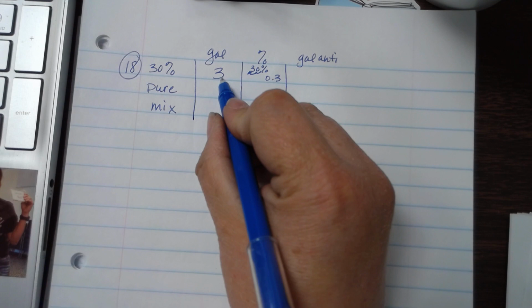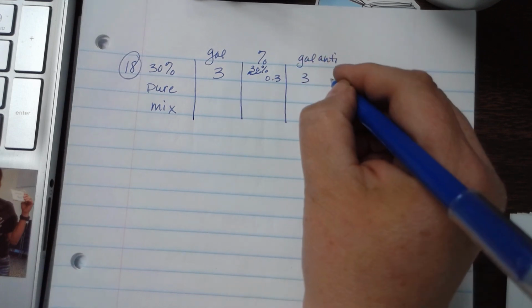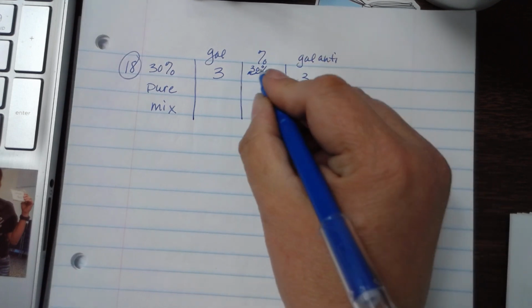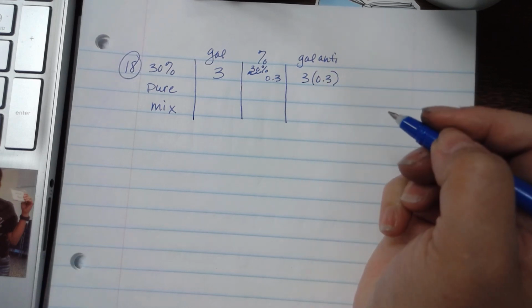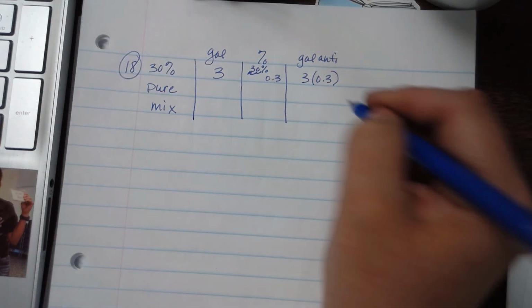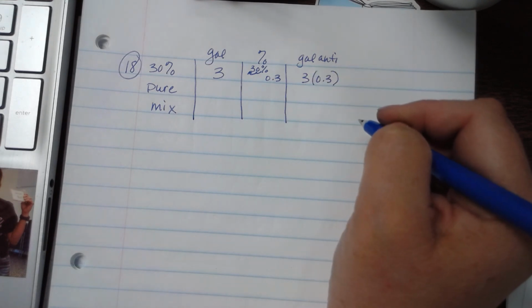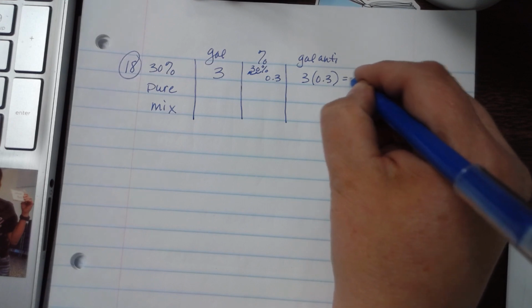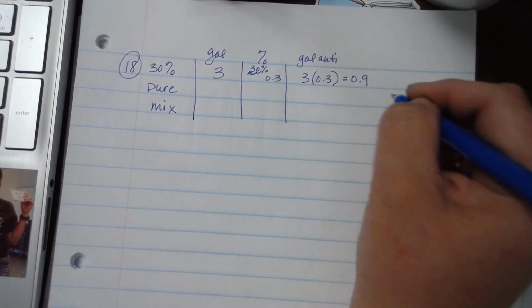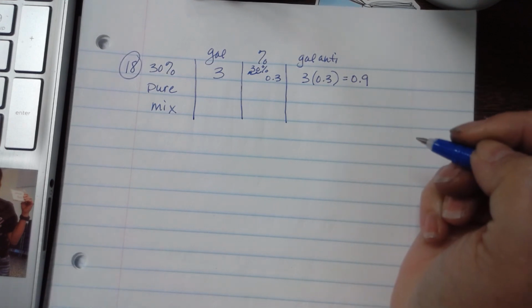And then if we have 3 gallons, that is 30% or 0.3 actual antifreeze. I can take these and that will tell me when I multiply it that only 9/10 of those 3 gallons is actual antifreeze.